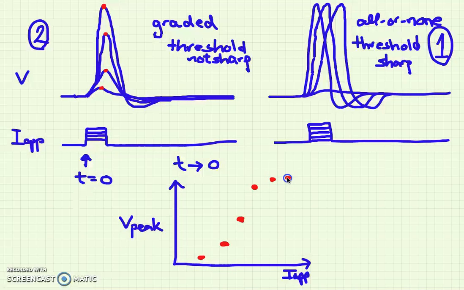Okay, so now I'm adding maybe more dots, and we actually have examples for the upstairs, but you get the idea. So in this case, the peak is an increasing function of the step in the applied current that led to the action potential.